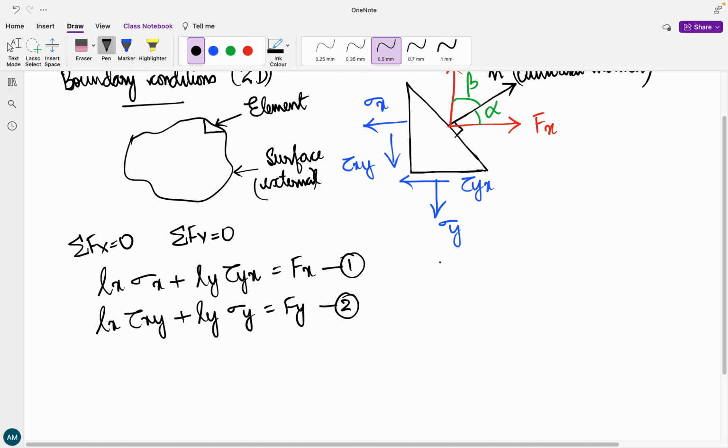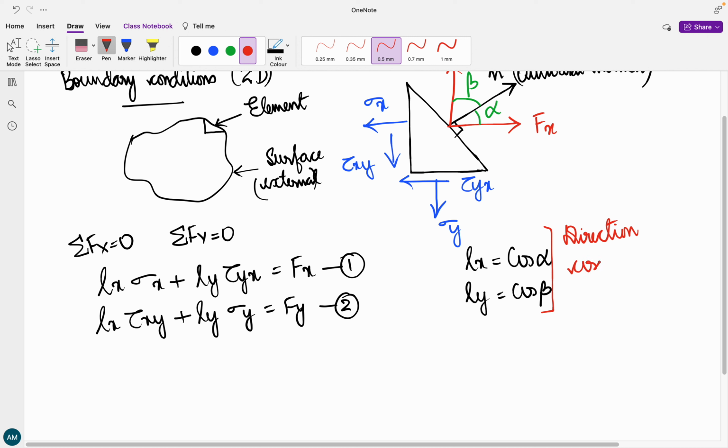What are this Lx, Ly that I have written? Lx is nothing but cos alpha, Ly is nothing but cos beta. These are the direction cosines of the normal n. Theta means direction, so an angle means direction.